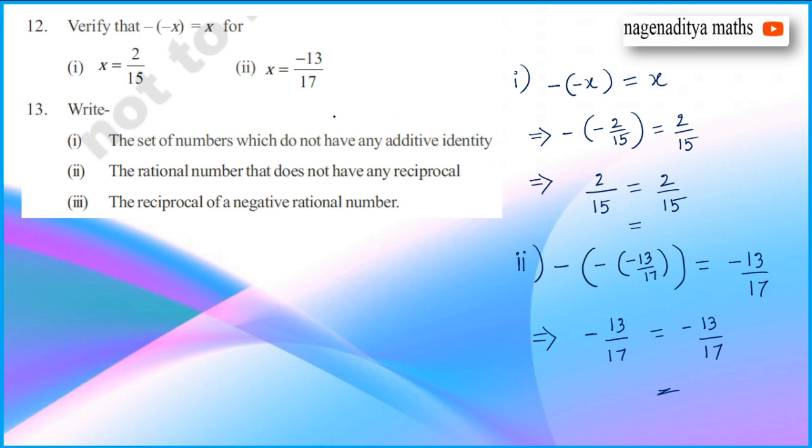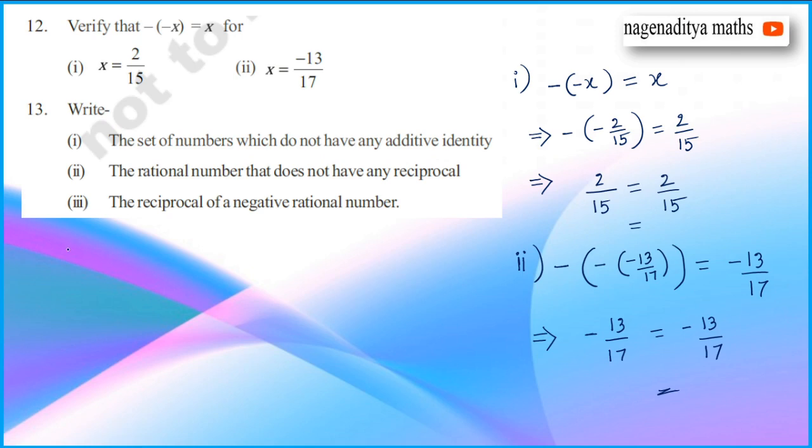First we have to recollect what is additive identity. Yes, 0 is known as additive identity. So which set does not contain 0? The natural number set does not contain additive identity.